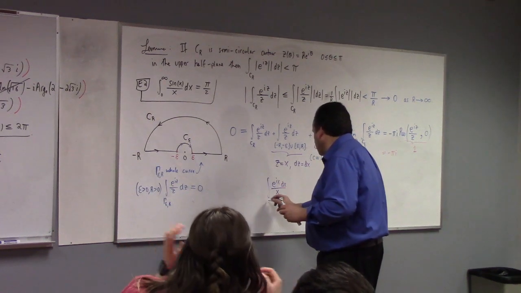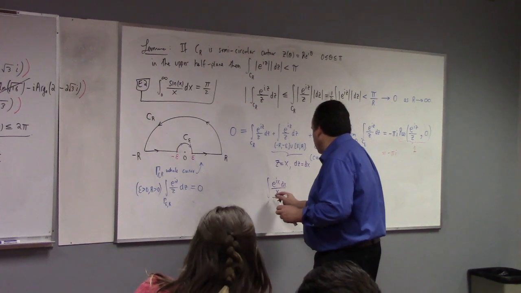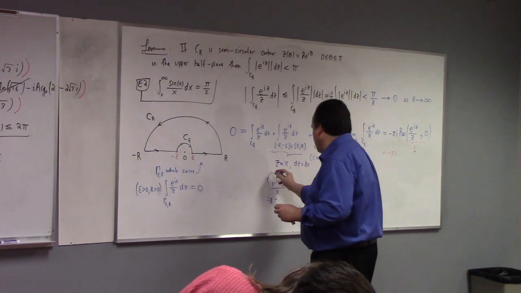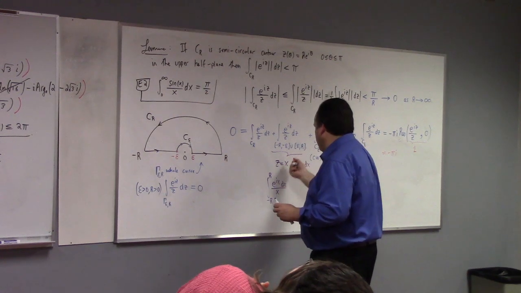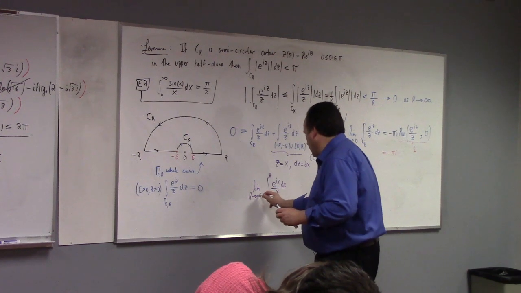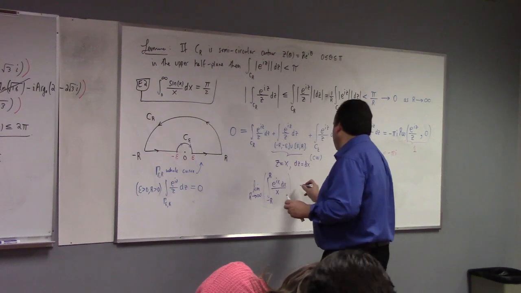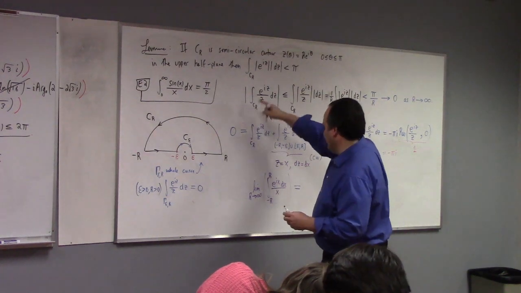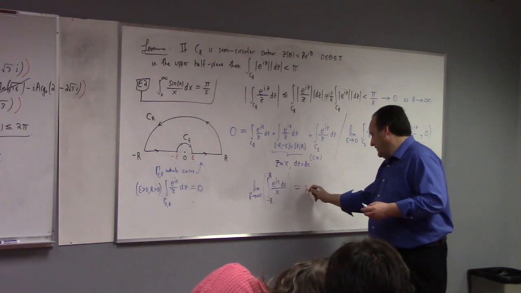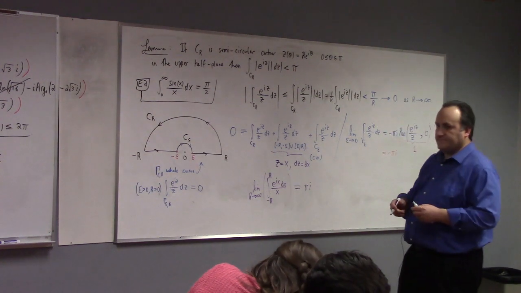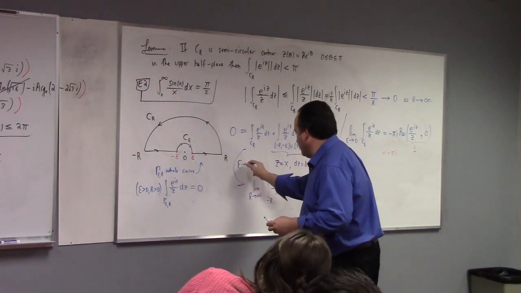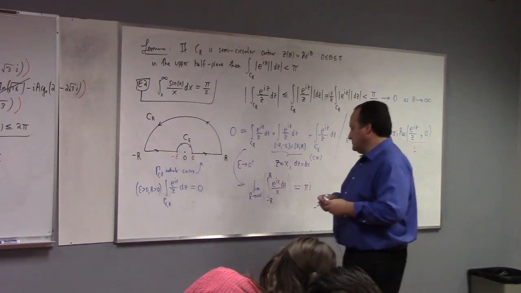If you allow me this slight abuse, it really just goes from minus r to r because the epsilon's going to 0. So we're left with the limit as r goes to infinity of that, and this piece drops out, and it's just equal to minus that. So if I bring the minus pi i over to the other side, I get pi i. Here we're letting epsilon go to 0 from the right to obtain that.